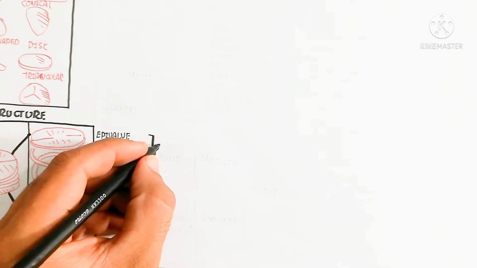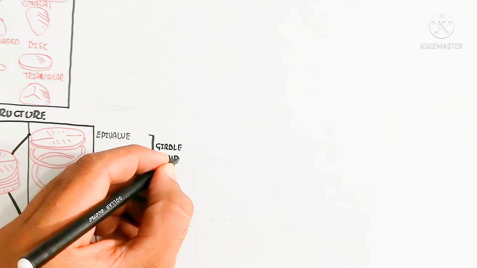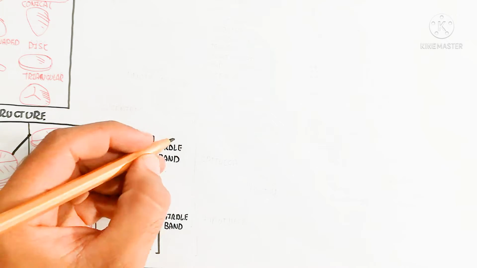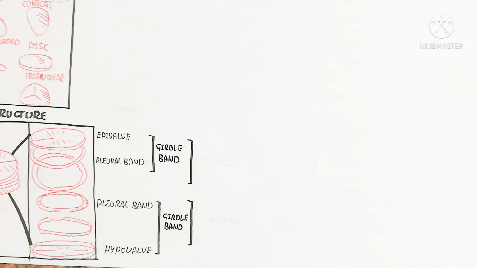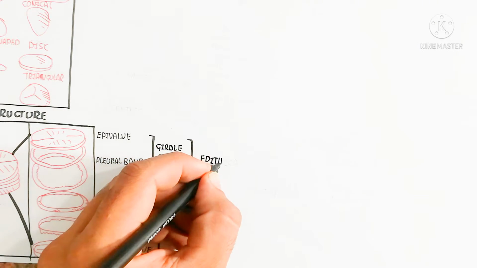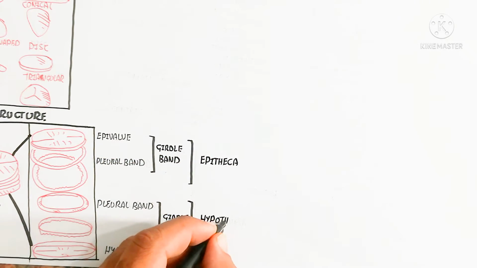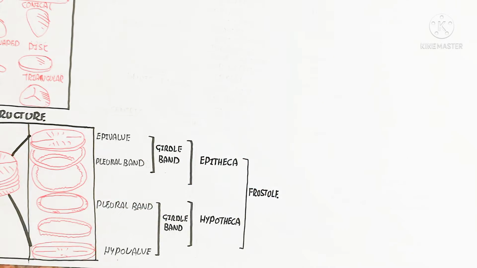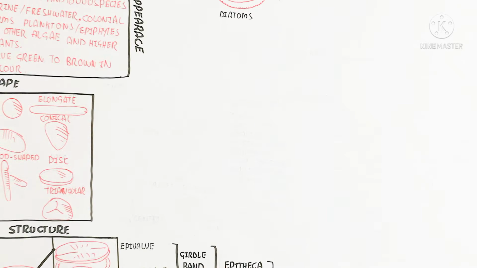In this way we can also understand the types of diatoms, and there are different types. Here you can see the epitheca and hypotheca. We will also understand with a different diagram.